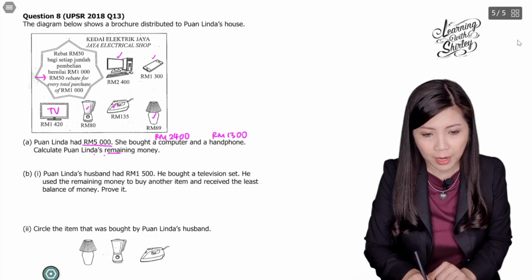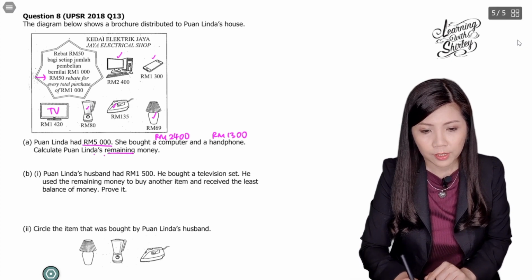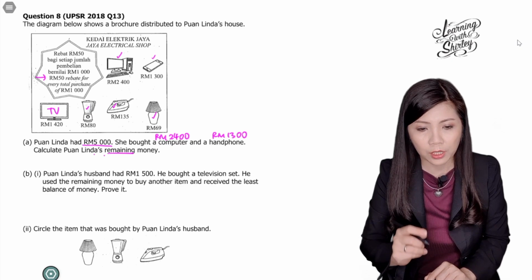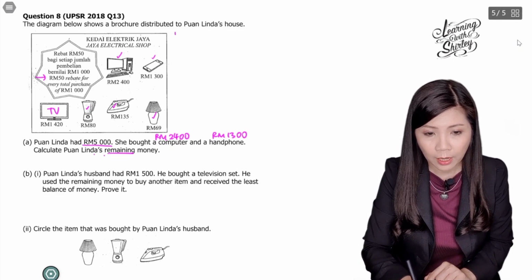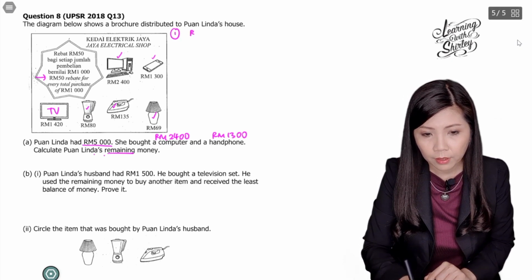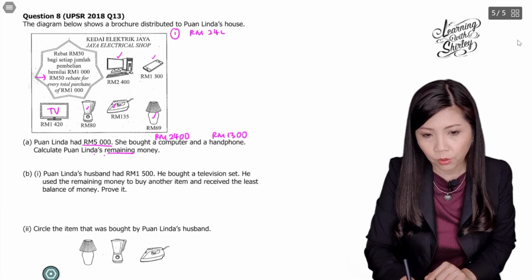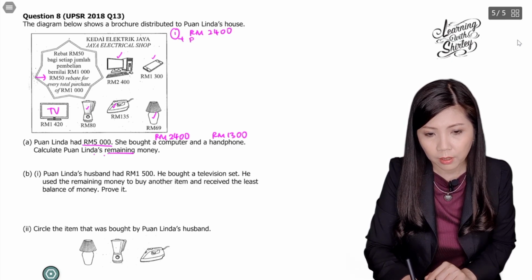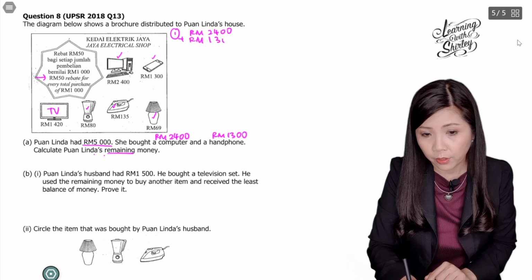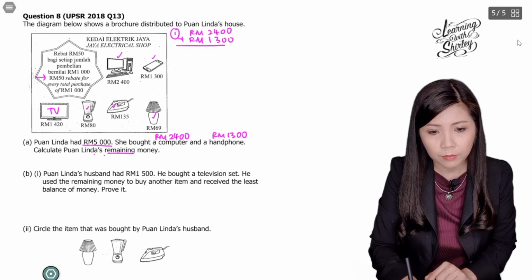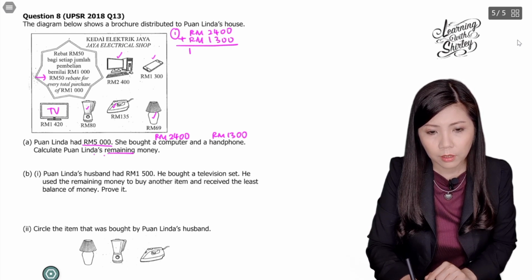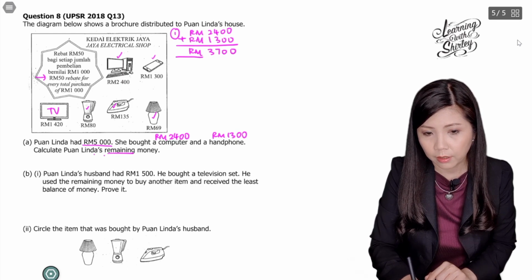So the keyword is remaining. Firstly, I'm going to calculate the total price for the computer and the handphone. That would be the first step. So it's 2,400 plus 1,300. So this is 3,700 ringgit.